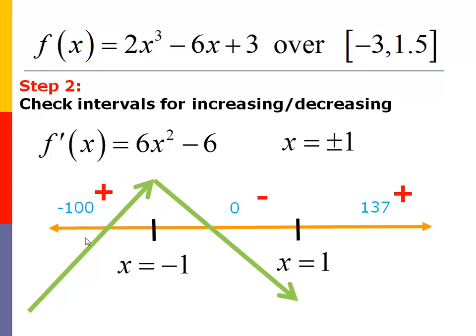That means our original graph is decreasing, going down. So the original f of x graph, between -1 and 1, will be decreasing because it has a negative value for the derivative. And then for that third section over here, I'm seeing a positive sign that we got from the derivative.